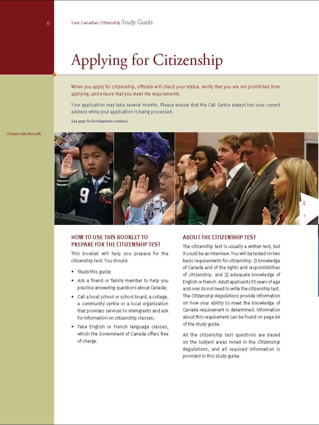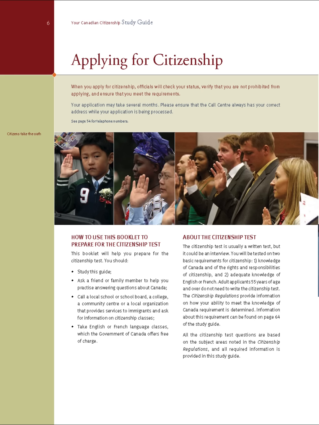About the citizenship test. The citizenship test is usually a written test, but it could be an interview. You will be tested on 2 basic requirements for citizenship. 1. Knowledge of Canada and of the rights and responsibilities of citizenship. And 2. Adequate knowledge of English or French. Adult applicants 55 years of age and over do not need to write the citizenship test.